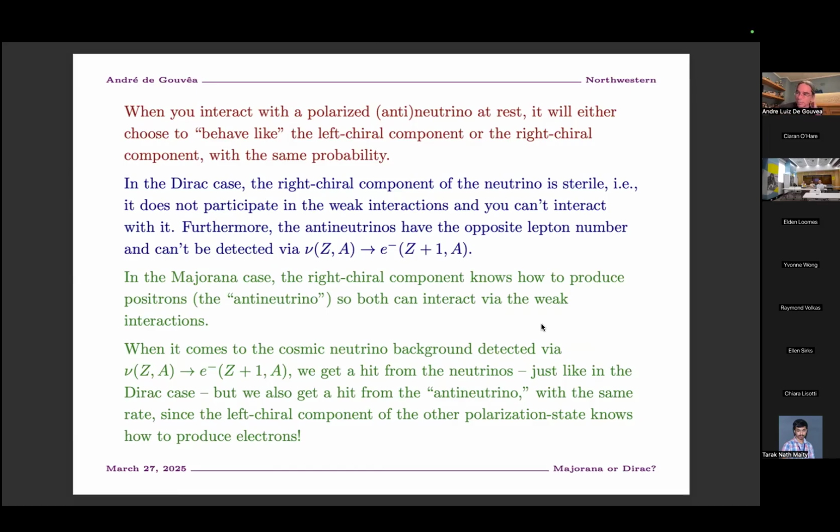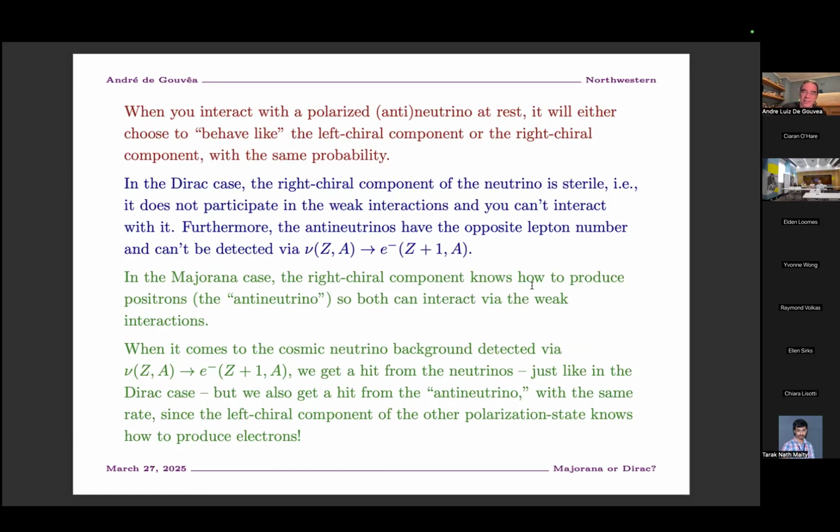Normally we refer to the left-handed component as neutrinos and the right-handed component as antineutrinos. I will use that language independent of whether the neutrinos are Majorana or Dirac, because I will remind you what the neutrinos and antineutrinos can do, depending on whether they are Majorana or Dirac.